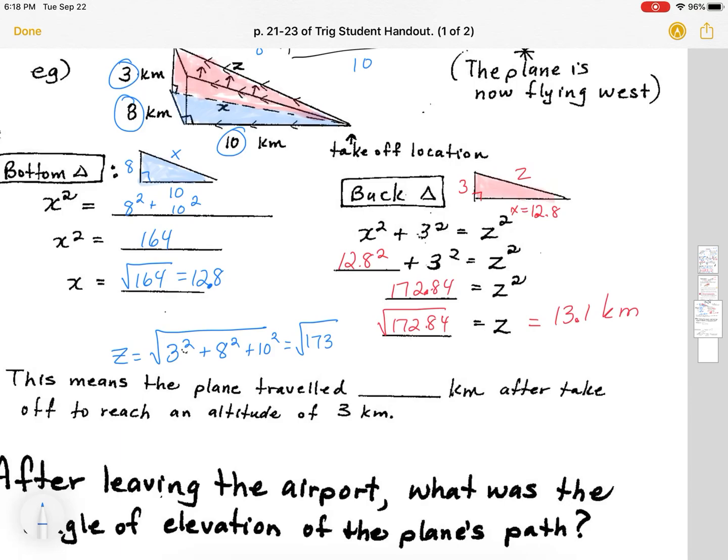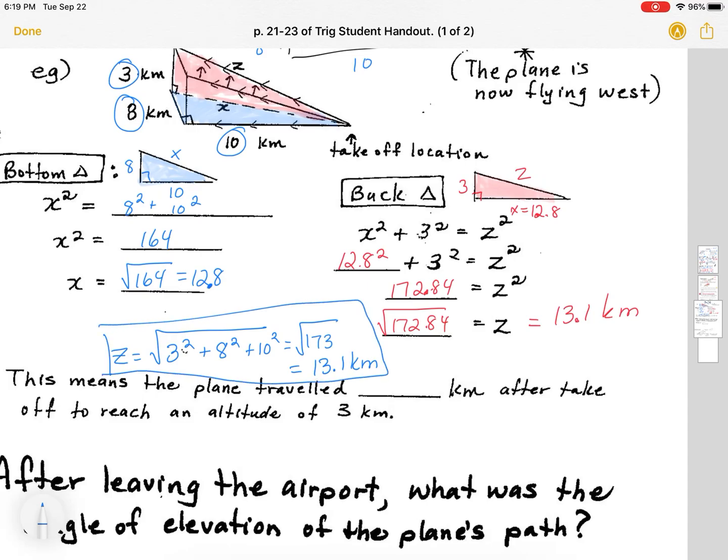So 3 squared plus 8 squared plus 10 squared, what we get is the square root of 173, which is really close to 172.84. And when we talk about decimal places, we get 13.1 kilometers.